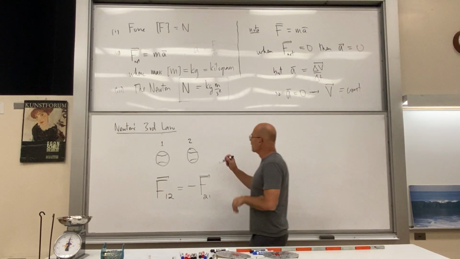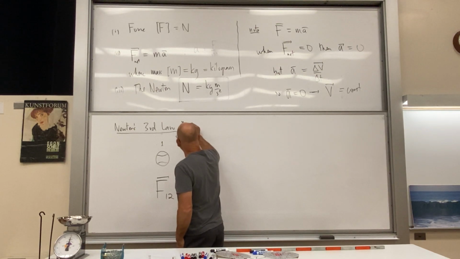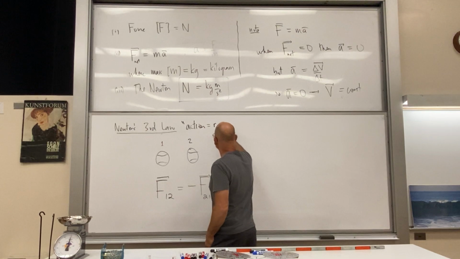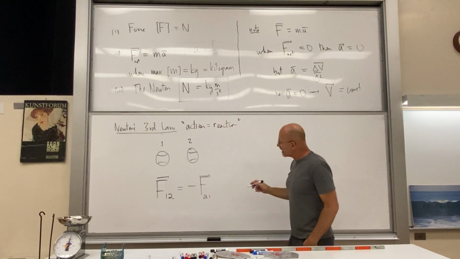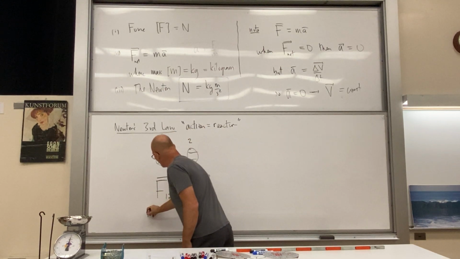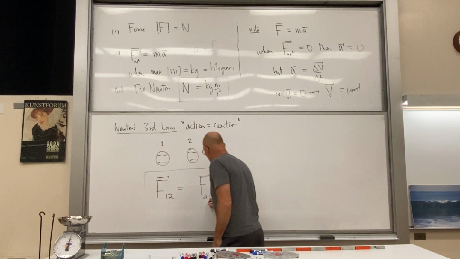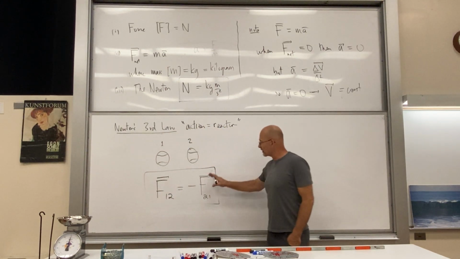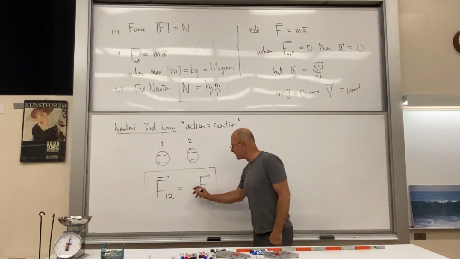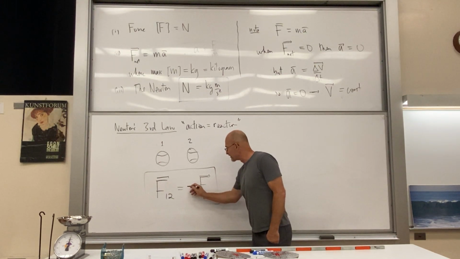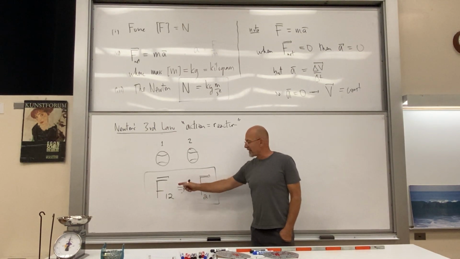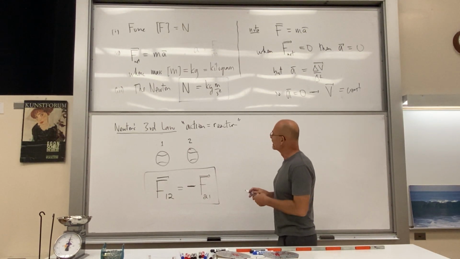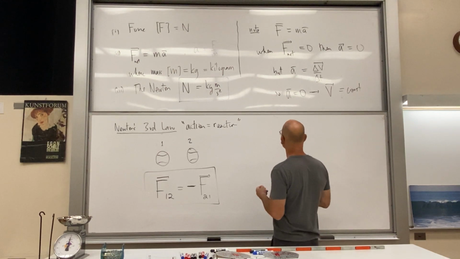You read about this, it's sometimes said action equals reaction. But the content is that the force that one exerts on two is equal and opposite to the force that two exerts on one. So there's the minus sign, which gives the opposite direction. The equal sign says the magnitude. Good, Newton's first, second, and third laws.